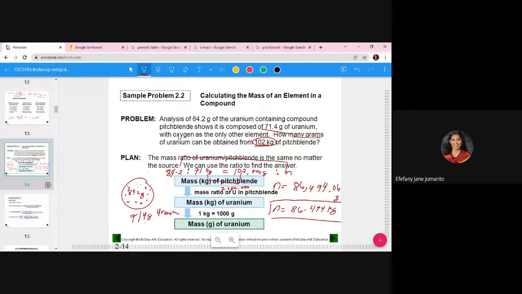Easy ra kay pwede ra ka mag-grade 1 imong solution ani kay in every 84.2 we have 71.4. Now pila pod in every 102. So ratio and proportion imong i-apply.